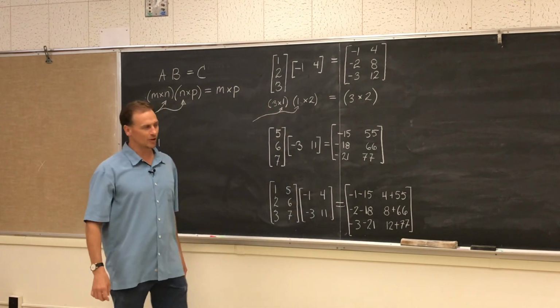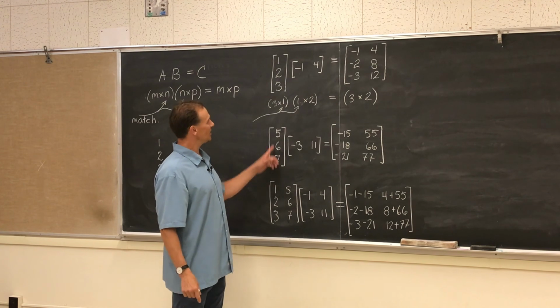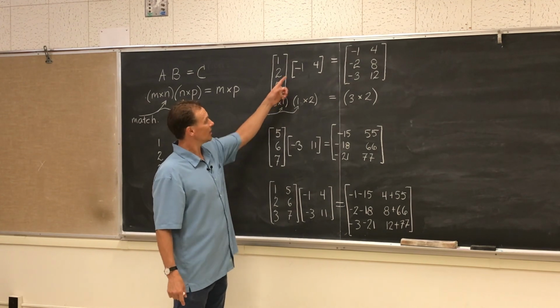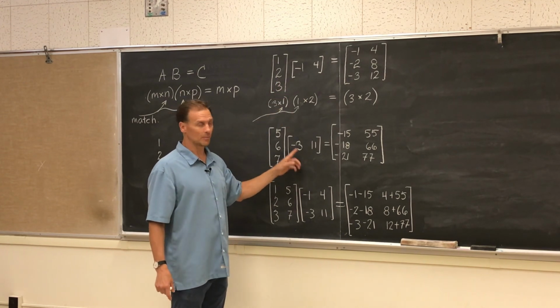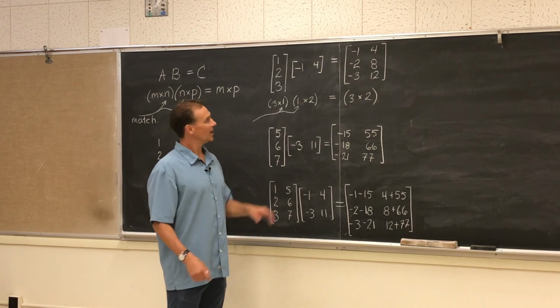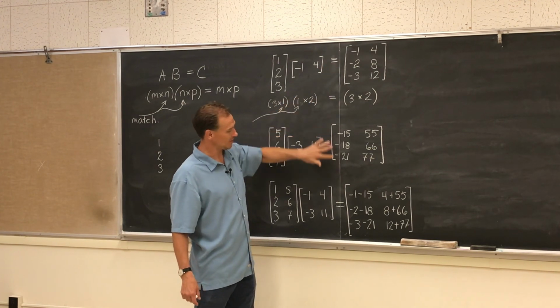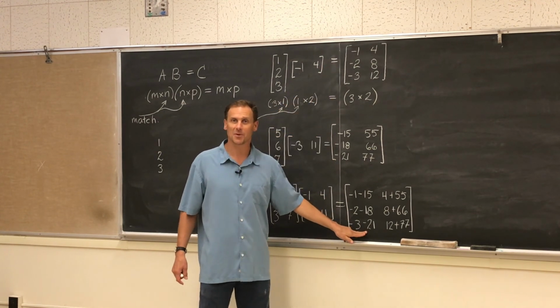Look at this. Look at what we just could have done. By putting these columns together into a matrix, and these rows into a matrix, and leaving the order the same, I could have very simply added this first matrix plus the second matrix and gotten the same result.